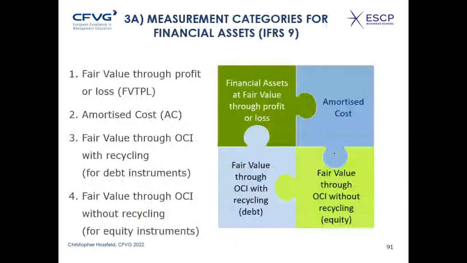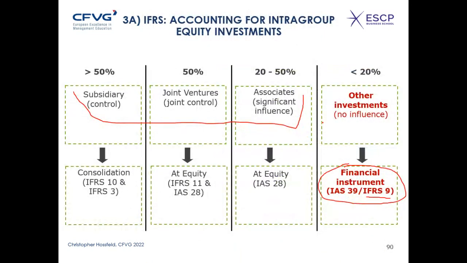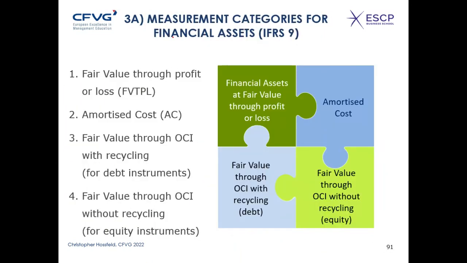Okay, so how does this work? First, here we talk about financial assets first, only for assets. Well, in IFRS 9, actually there are 3 or 4, it depends on how you see things, 3 or 4 measurement categories. So actually I have to make a distinction on the asset side of my balance sheet for financial investments, financial assets. How do I value them? There are 3 valuation methods or 4.